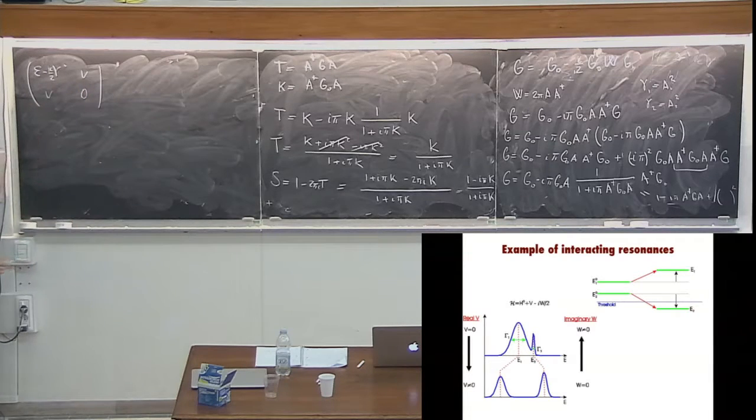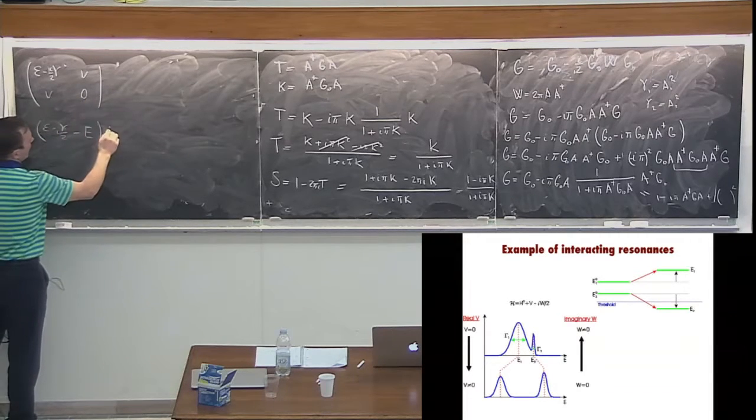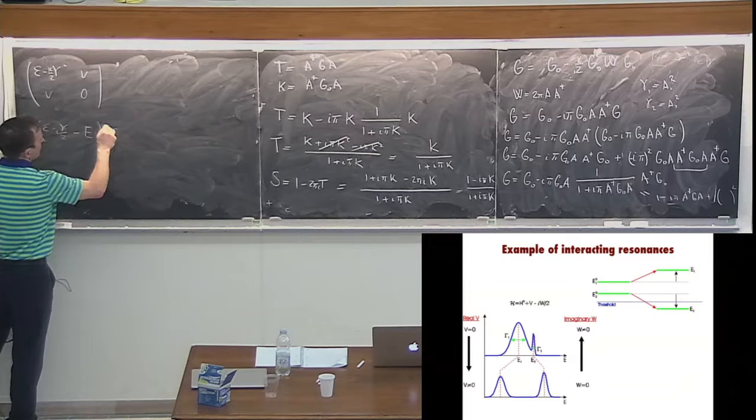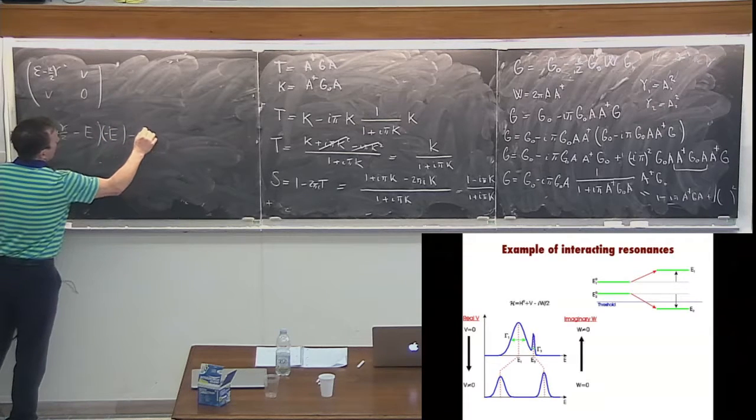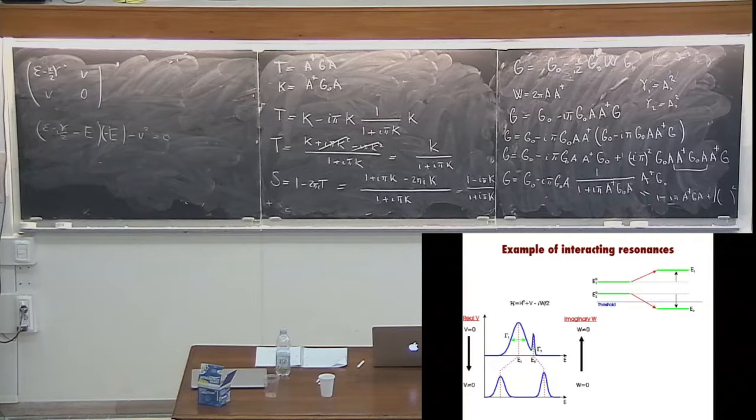If I would like to find the eigenvalues of this matrix, then the eigenvalue equation that I will get is (E minus i gamma over 2 minus the energy that I'm looking for) multiplied by (minus the energy) minus V squared equals 0.